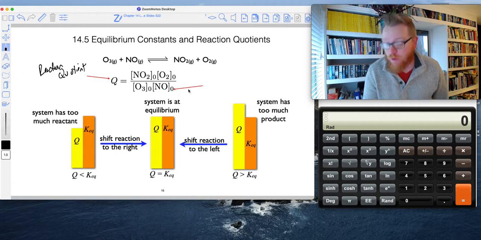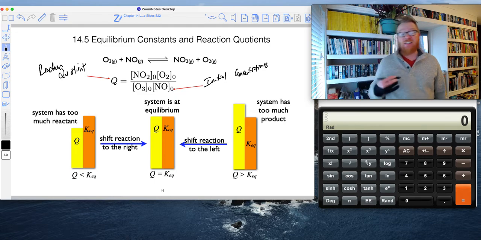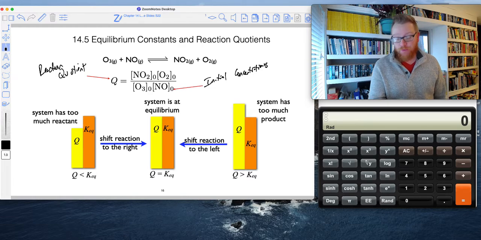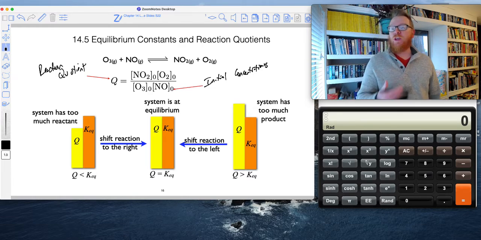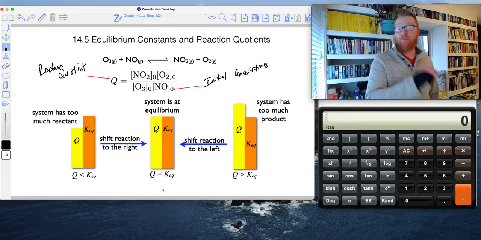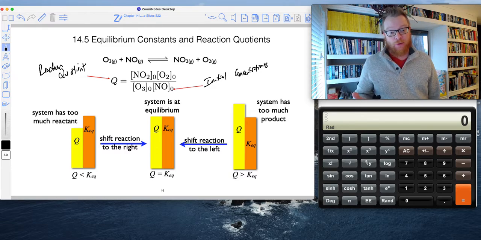However, this little zero right here indicates that you're using initial concentrations. So this is the only difference between K and Q. With K, we use the equilibrium concentrations, and as you can tell from that previous video, it can be difficult to find what the equilibrium concentrations are.